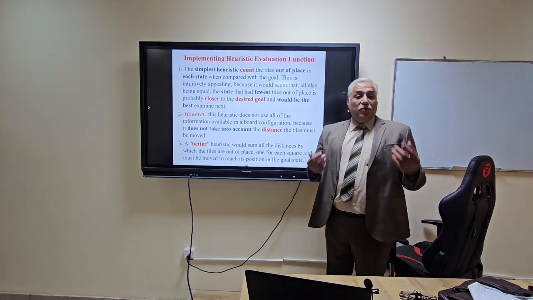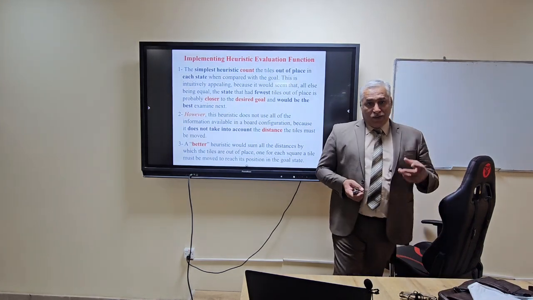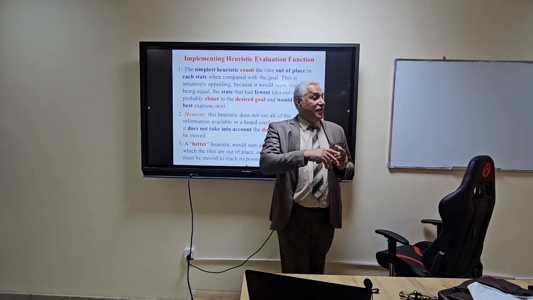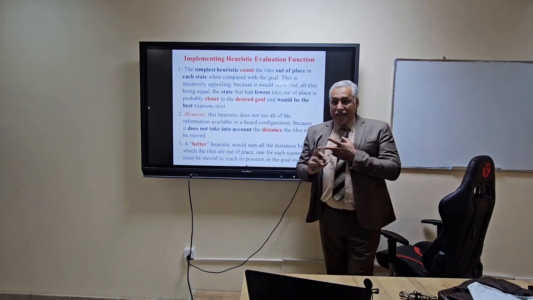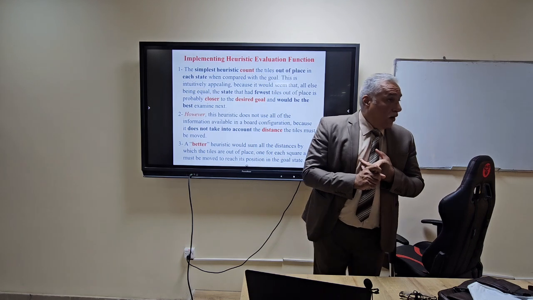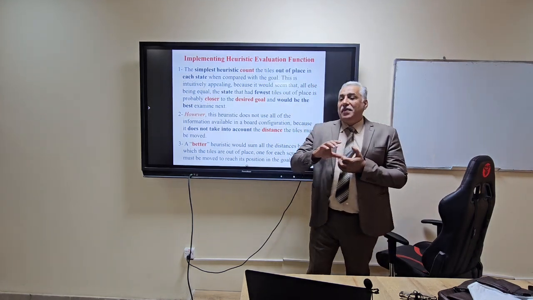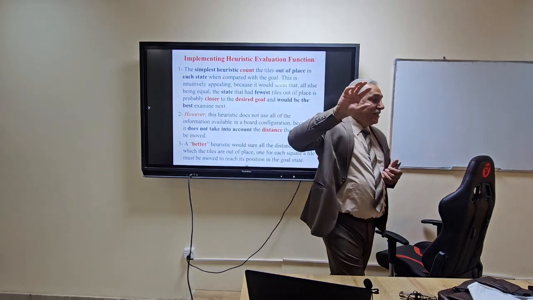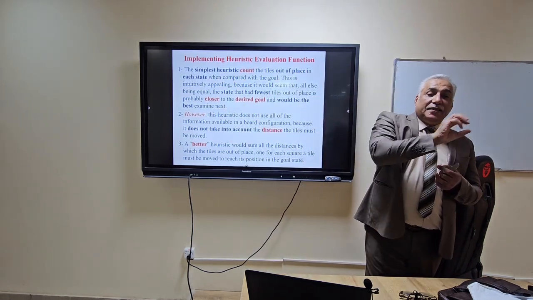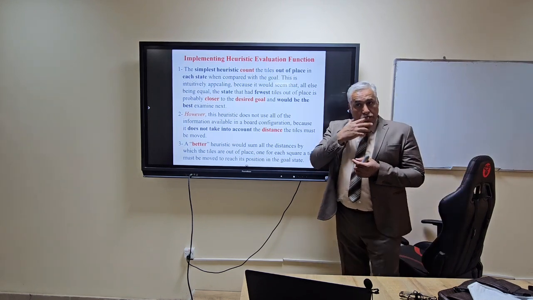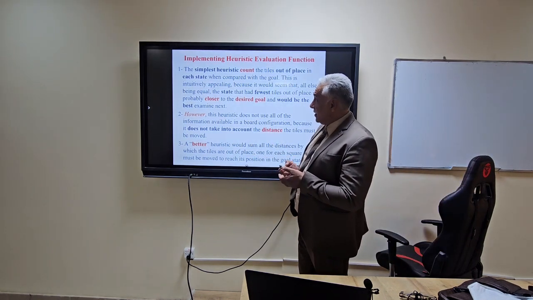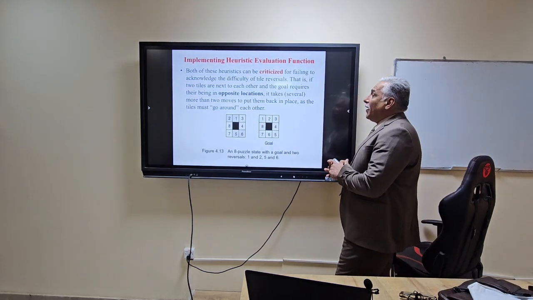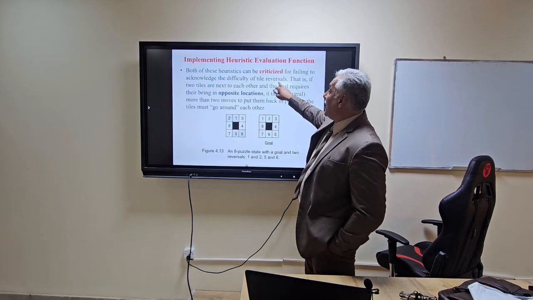Now, the first one is the summation of these 2 factors: the number of tiles out of place, plus the distance for each tile moving until it reaches the correct place.